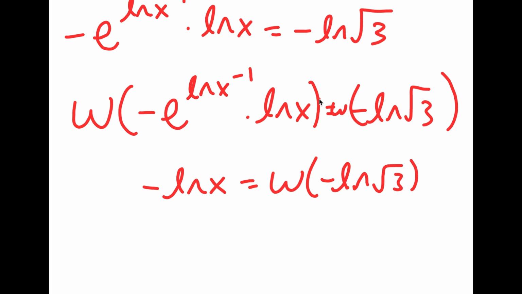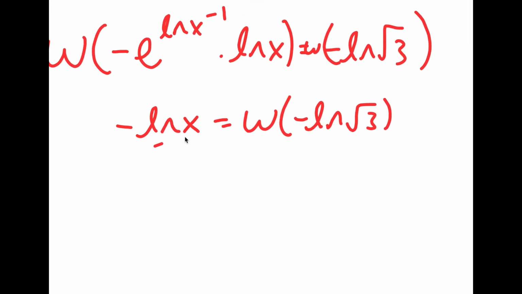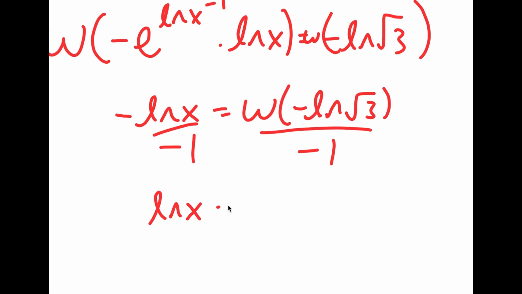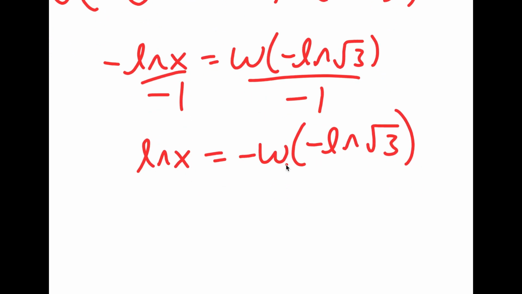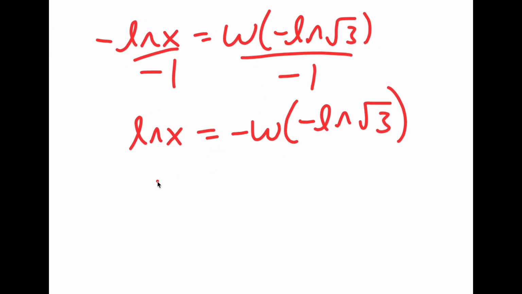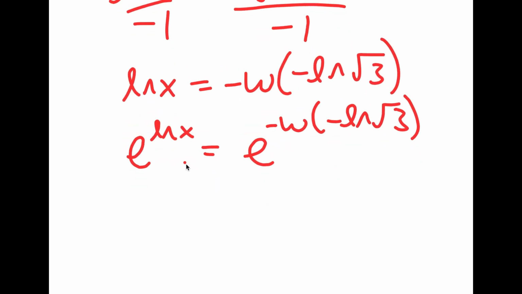Now from here, I'm going to divide both sides by negative 1. So I get ln x is equal to negative W of negative ln root 3. And I'm going to take e to the power of both sides. So I get e to the power of ln x is equal to e to the power of negative W of negative ln root 3. And remember, e and ln cancel out.